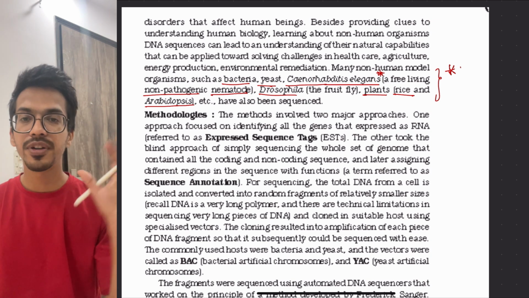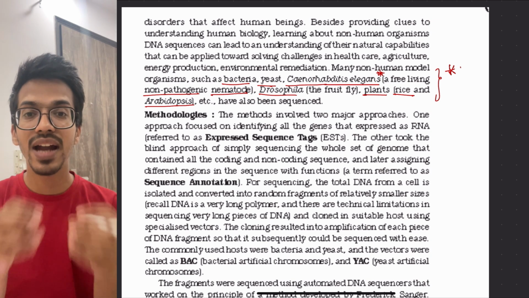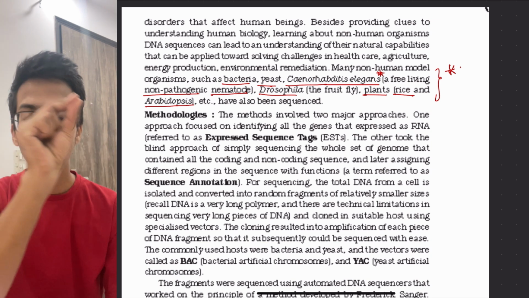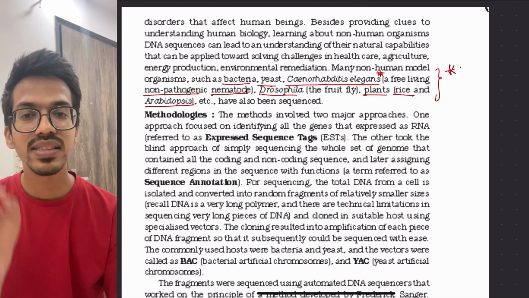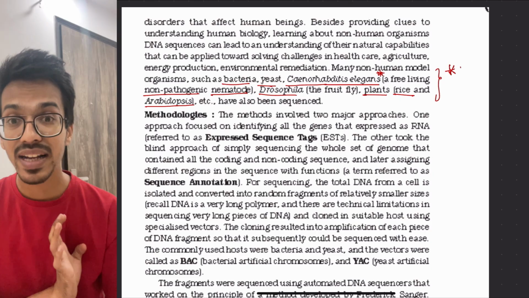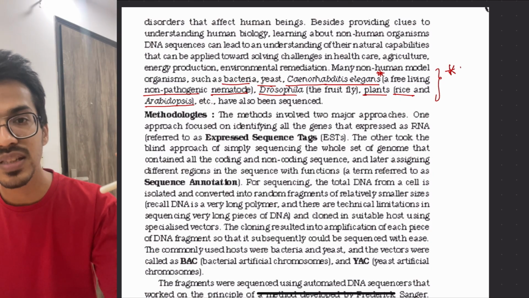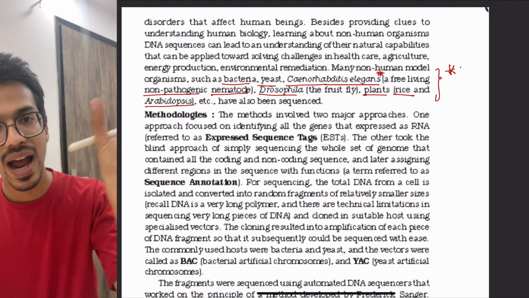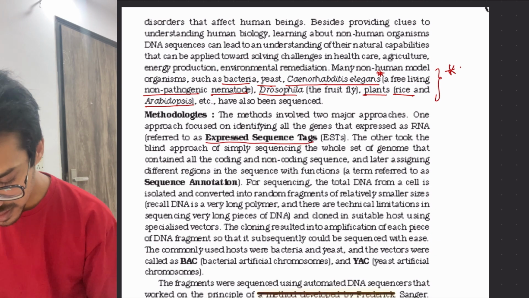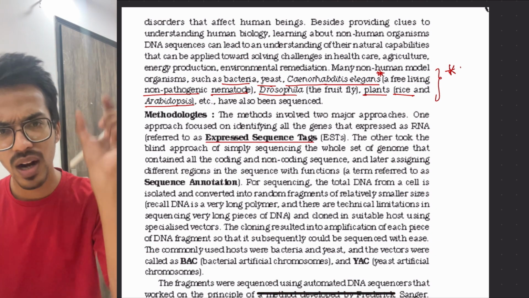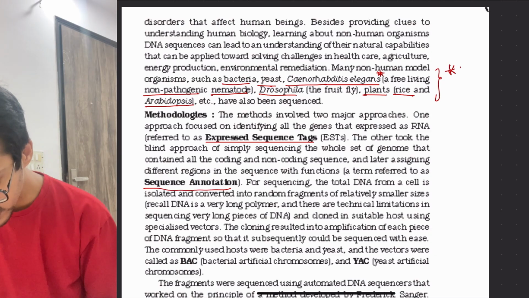Now there are two different methodologies they took. One is that they take the DNA and one after another keep writing the sequences. That is called sequence annotation. Another is that they express a small part of it and then write what it does. So these are the two ways: expressed sequence tags, where a small part is expressed, or sequence annotation.